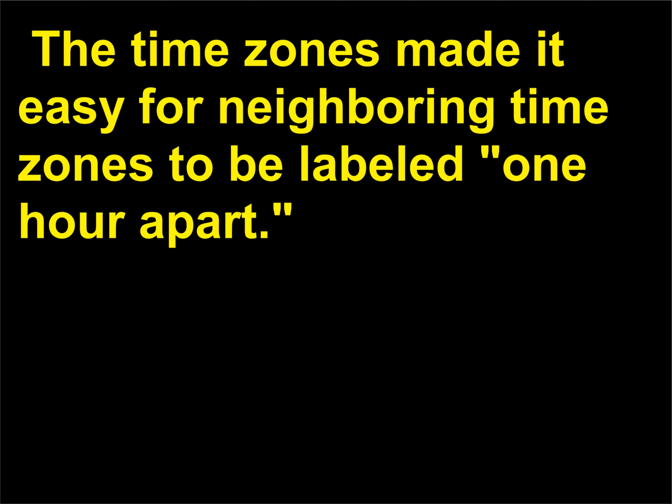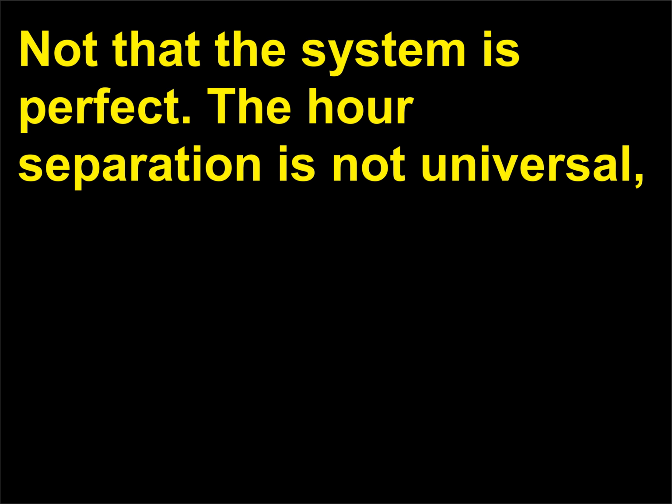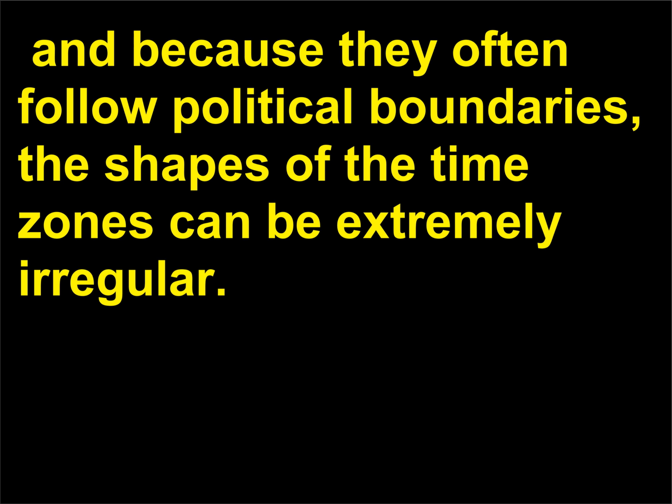The time zones made it easy for neighboring time zones to be labeled 1 hour apart. Not that the system is perfect. The hour separation is not universal. And because they often follow political boundaries, the shapes of the time zones can be extremely irregular.